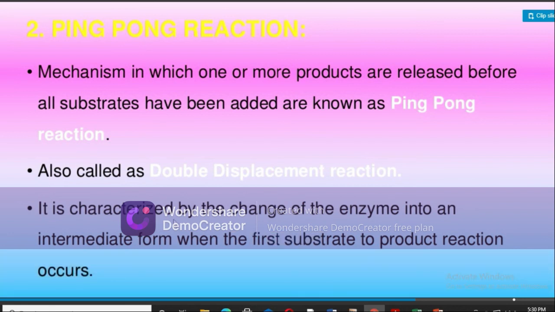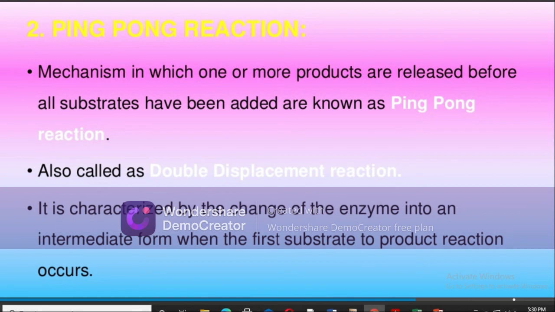As I said, in the ping-pong mechanism, the first substrate that binds to produce the product leaves some part of the substrate with the enzyme.